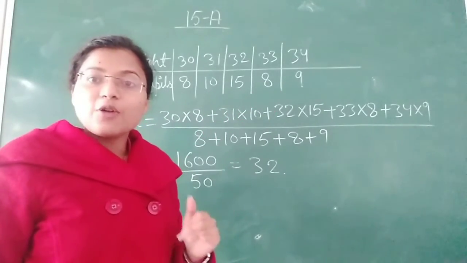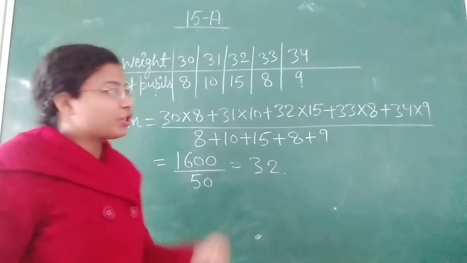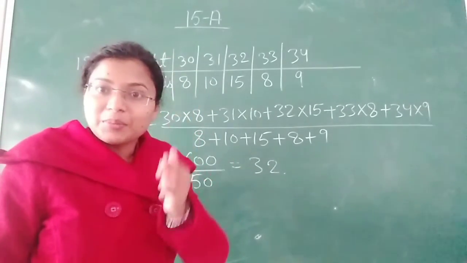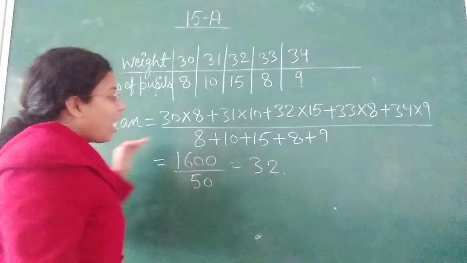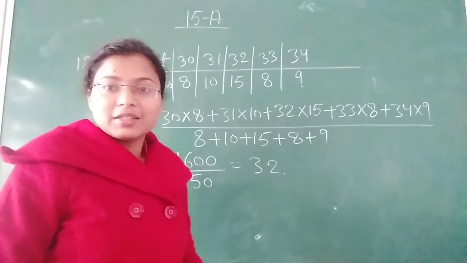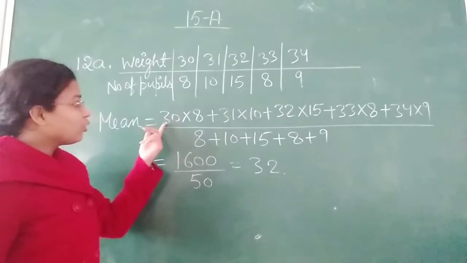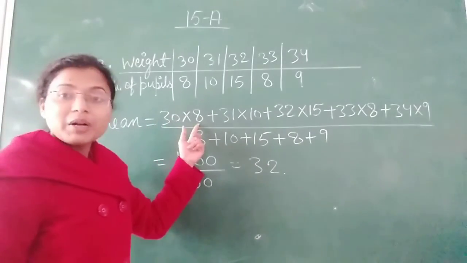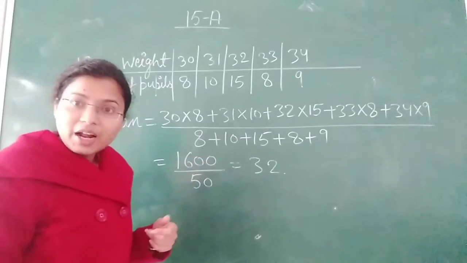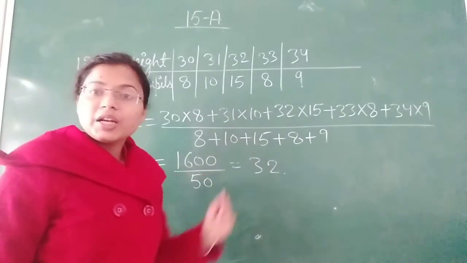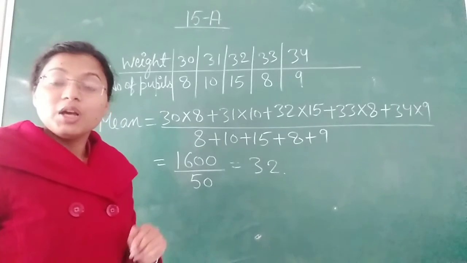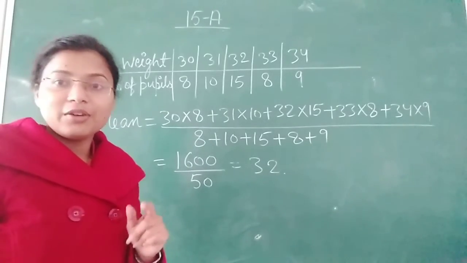For finding the mean of a frequency distribution, in the numerator you multiply and add, and in the denominator you add all the frequencies. That's it. When you calculate, first multiply, then add. You will get 1600 in the numerator and 50 in the denominator, which gives you 32. So 32 is the mean value.